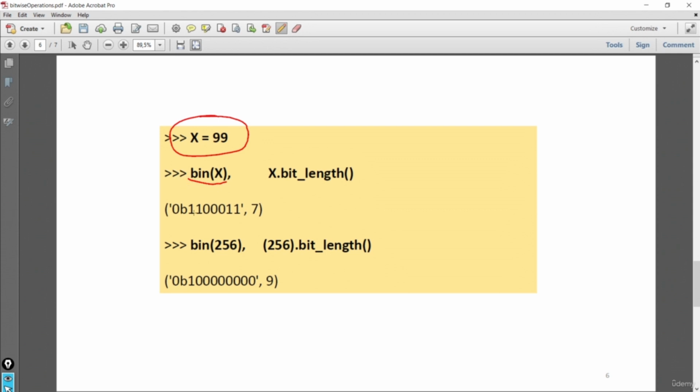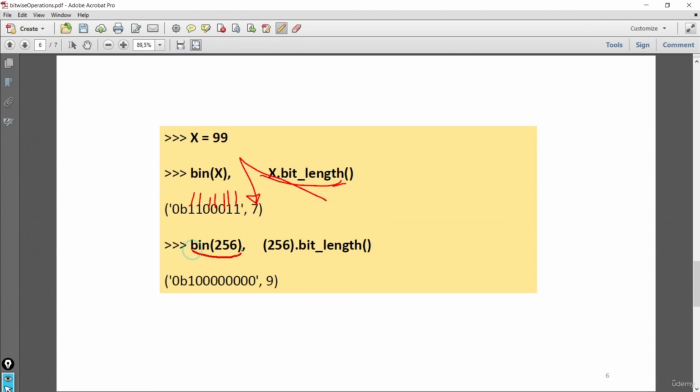Bin x gives us the binary number, and here we type x dot bit length. Bit length function calculates the number of bits in the representation of x. So how many bits do we have? 1, 2, 3, 4, 5, 6, 7. We have 7 bits. Okay, 7 is the result.